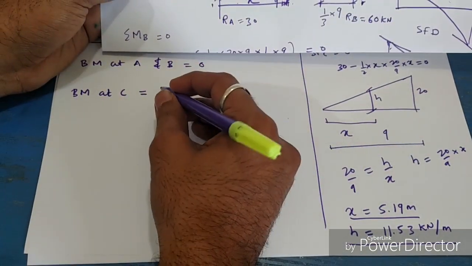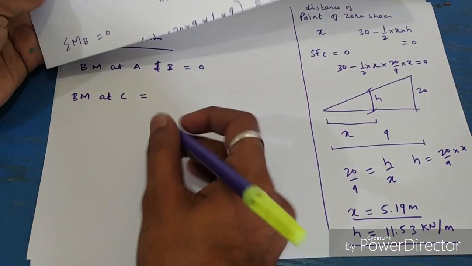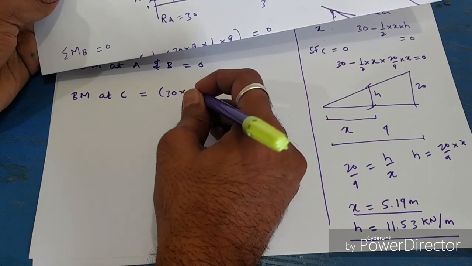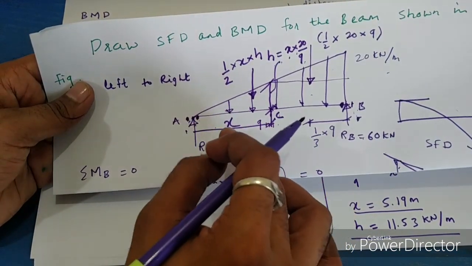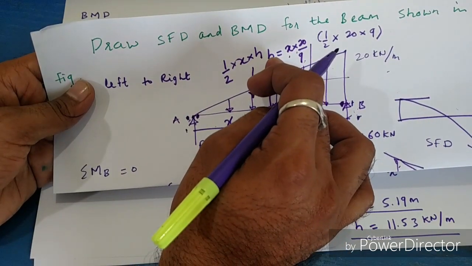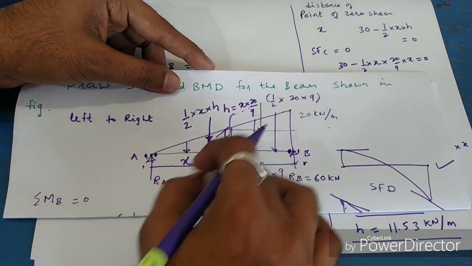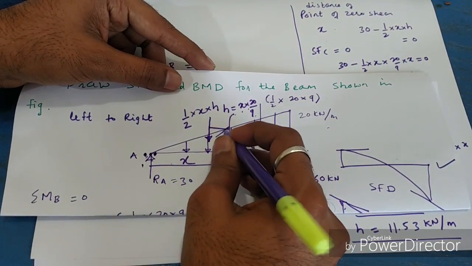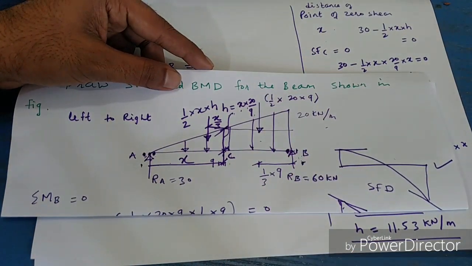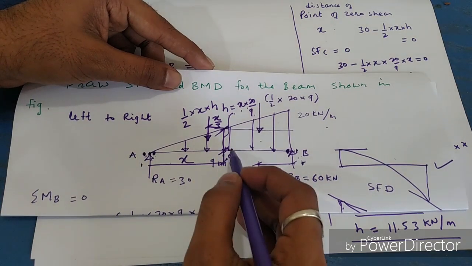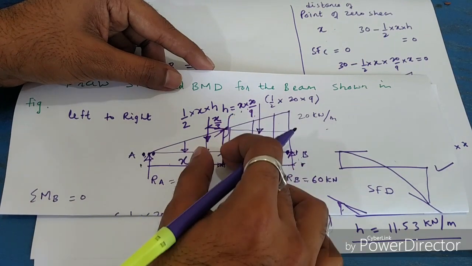So RA into X we have found out 5.19, 30 into 5.19. Then you have this portion of UVL. We know X, we know H, and it is acting at the centroid of this portion. So this distance will be X by 3, 1 by 3 into X, you know that. So bending moment at this point will be total load of this UVL into perpendicular distance.